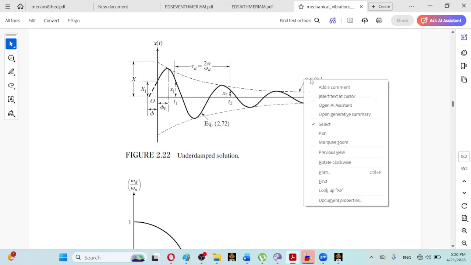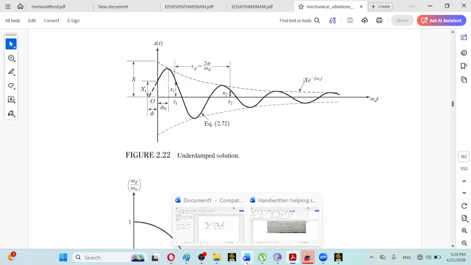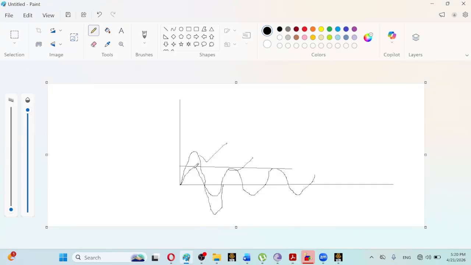Because if this term disappeared, this peak would be at this elevation, and this peak would also be at this oscillation. So as I have told you, this peak and all peaks are at the same elevation but less than the corresponding natural oscillations.